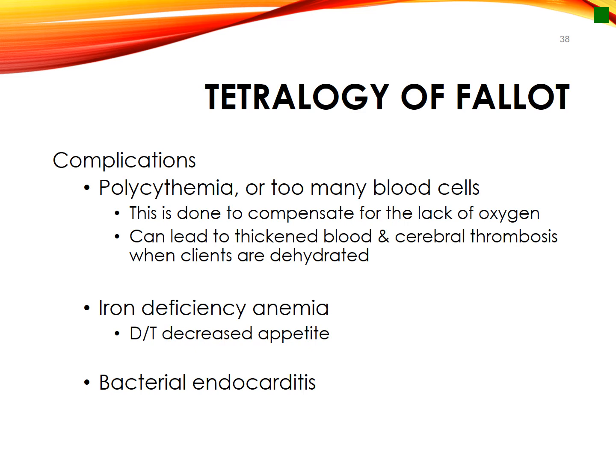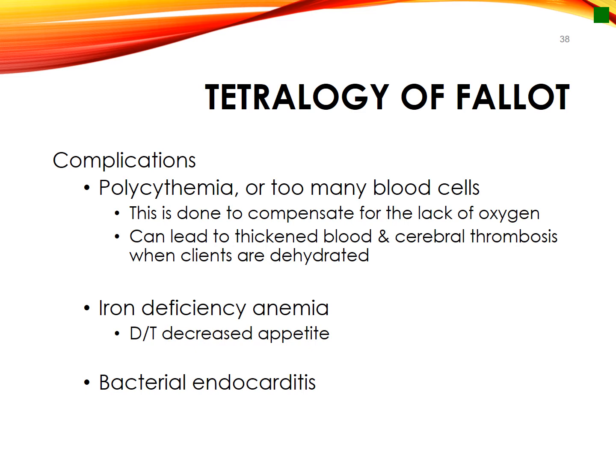So too many red blood cells can be a problem, but at the same time, it's what the body has done to compensate for the lack of oxygen. It's made more red blood cells so that, okay, not all of them are going to get oxygenated, but at least some will, and it increases the odds a little bit. They can lead to thickened blood and cerebral thrombosis, so in your brain, a bad place to get clots. This can happen when clients are dehydrated.